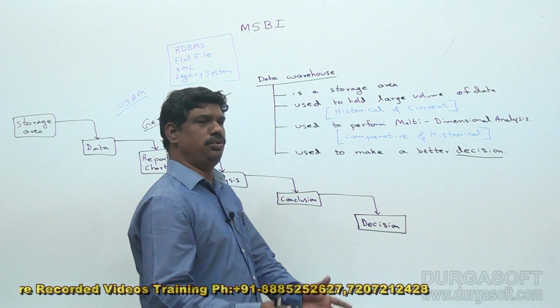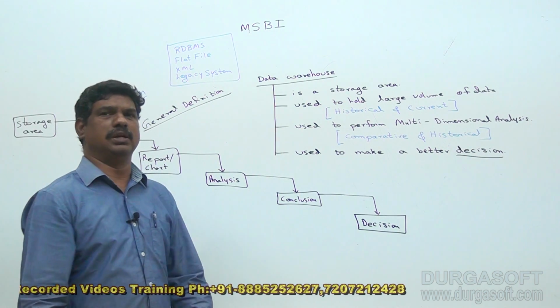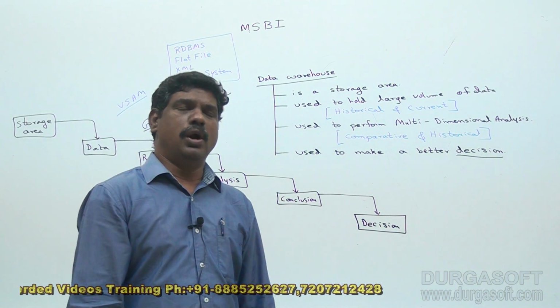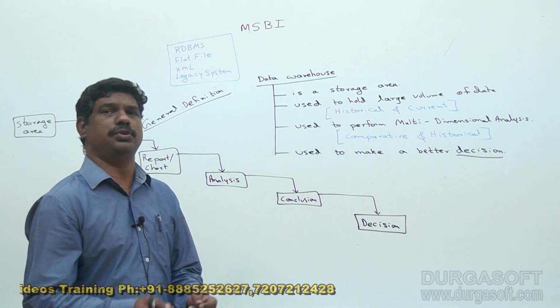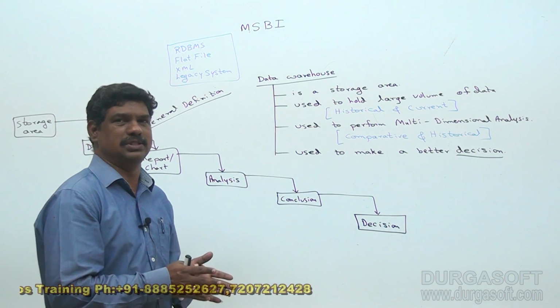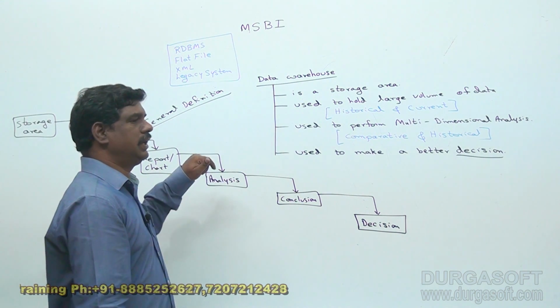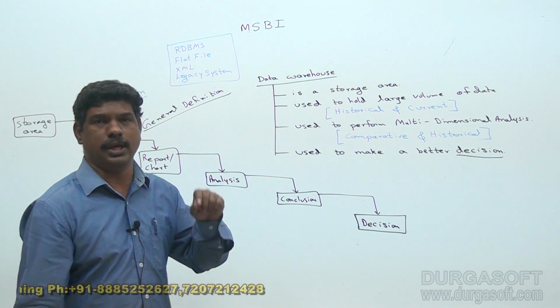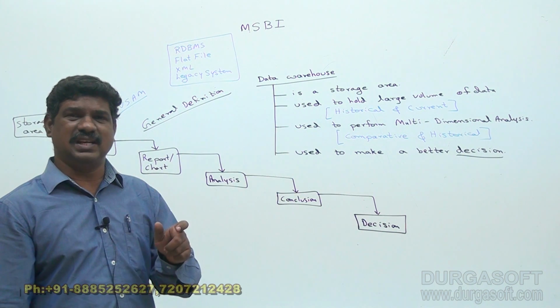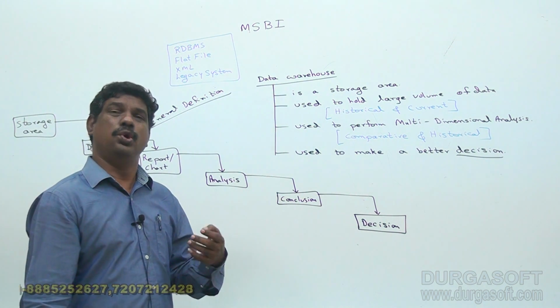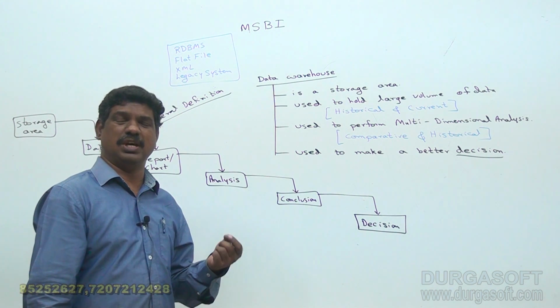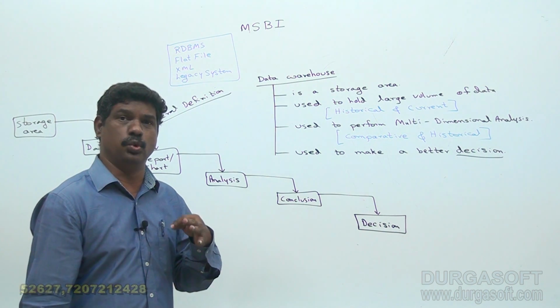Like a person who is doing a business of about 1000 crores turnover. Now he wants to plan for the next year whether he has to work on a new venture or on the existing business. That depends on how the current business is running. If the current business is a success, then he can plan for a new venture. Otherwise, there is no meaning in thinking about new ventures; he has to work on the existing business only.